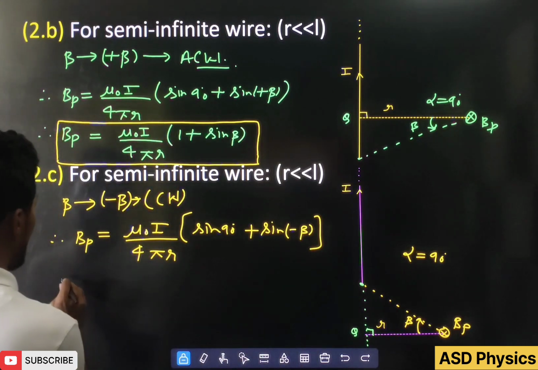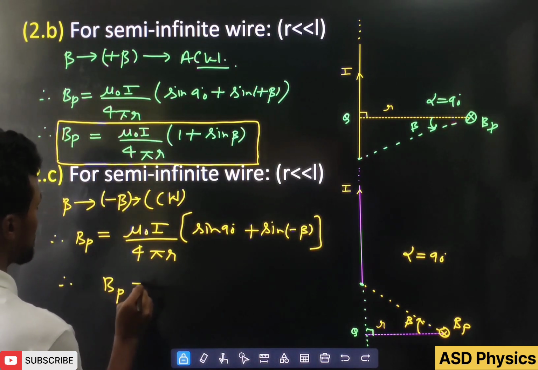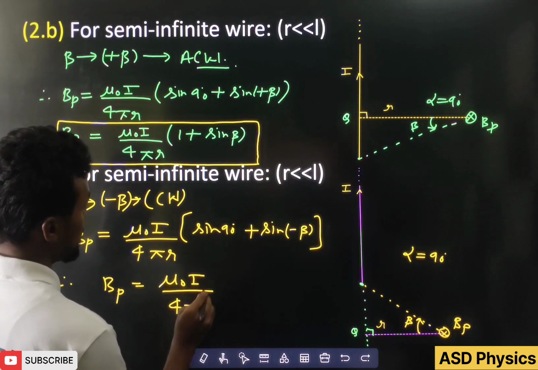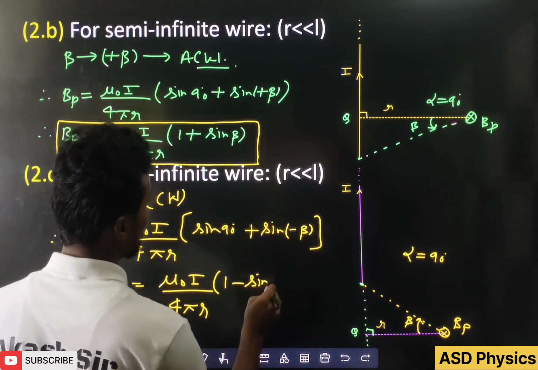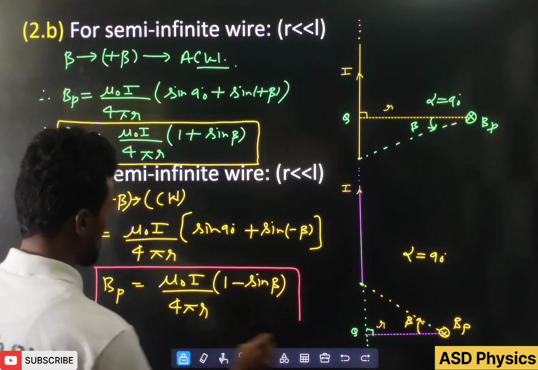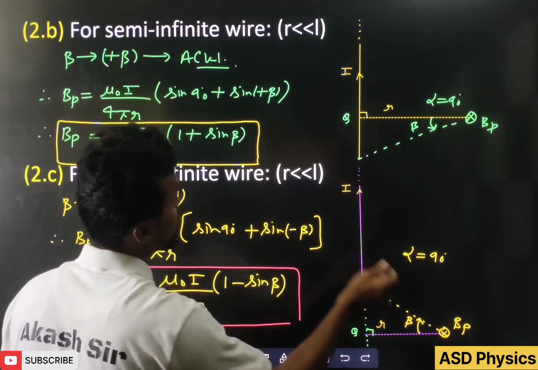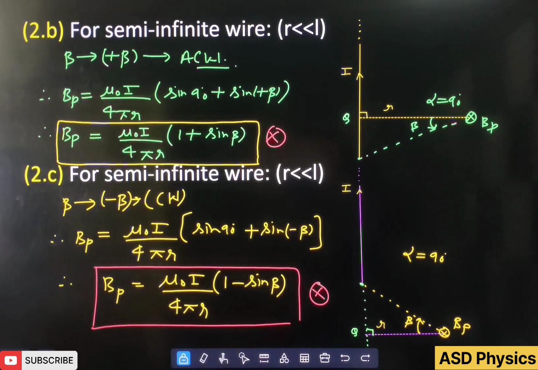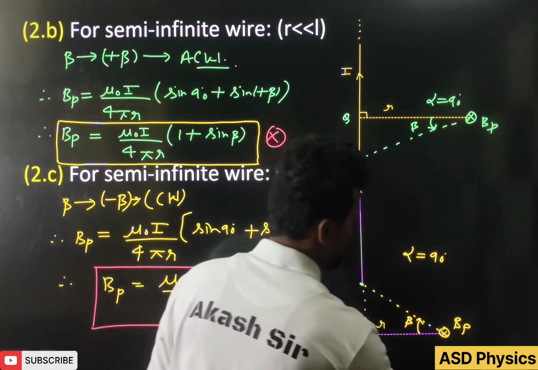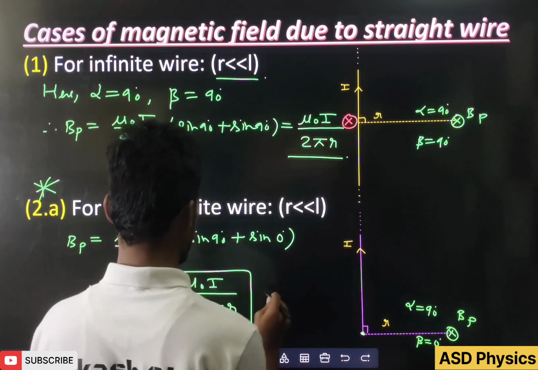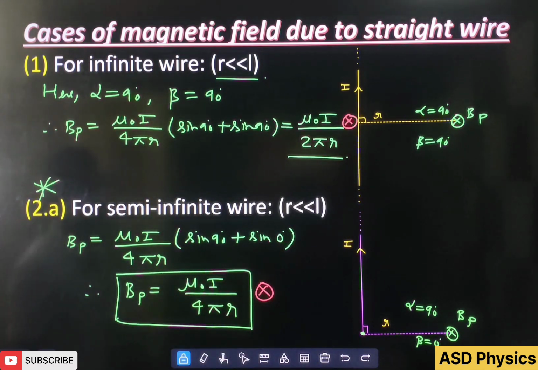So the magnetic field at point P will be mu naught I by 4 pi r times (1 minus sine beta). And anyhow, at all the places the magnetic field is inside. Even in the previous situations the magnetic field was inside, so we can do it like this along with the formula.